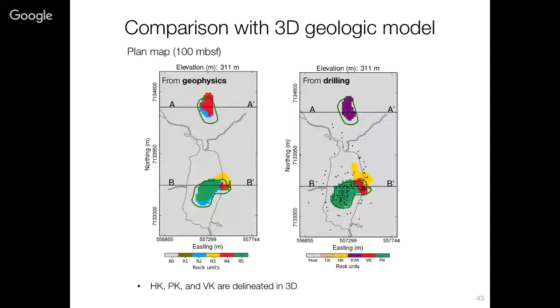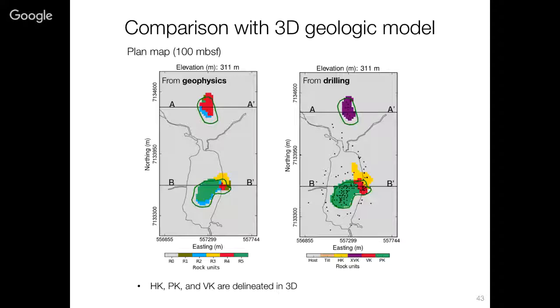We do that, and this is now what we get from geophysics. Okay, so all we have identified here is rock 0, that's the background, and 2, 3, 4, 5, different rock units up there. So we've got the extent of the volumes and the fact that they are different.